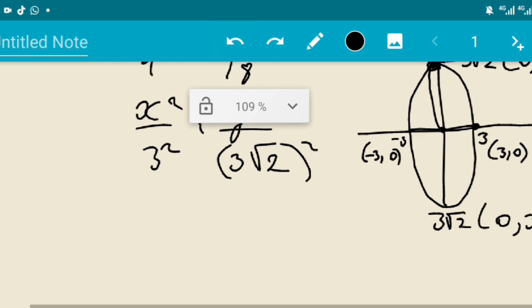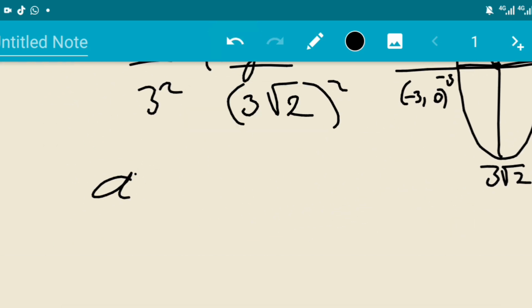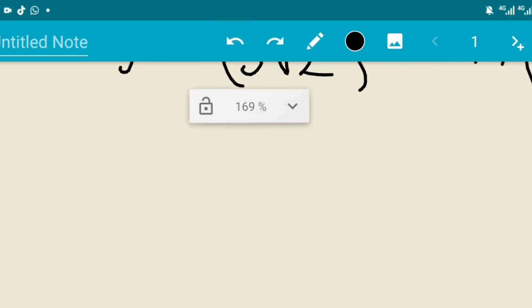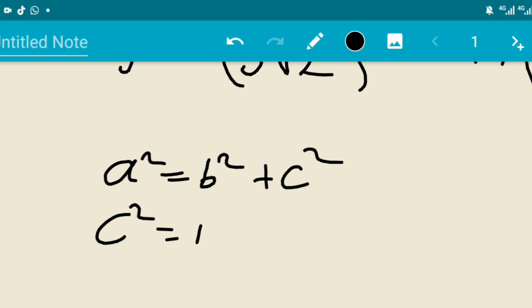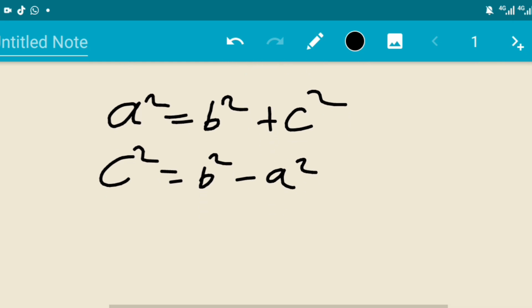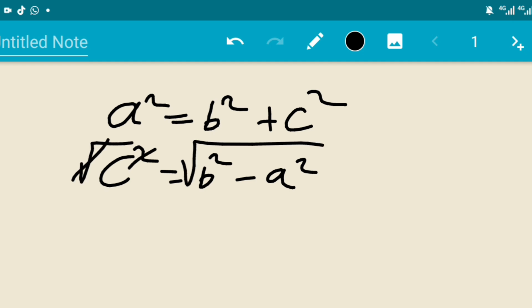Using the same formula. a squared is equal to b squared, let me just write that down nicely, plus c squared. Then we solve for c. So c squared is equal to b squared minus a squared. Then we take the square root of the c, we cancel that out. So c is equal to this.